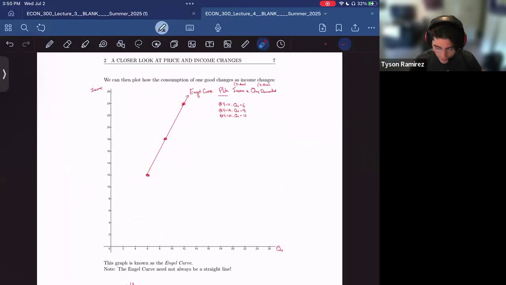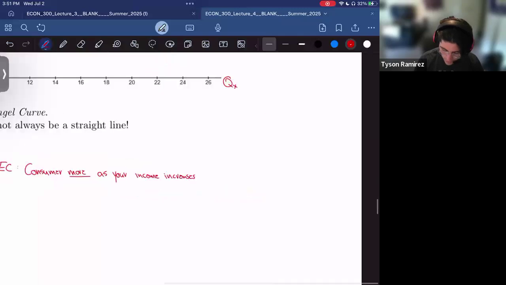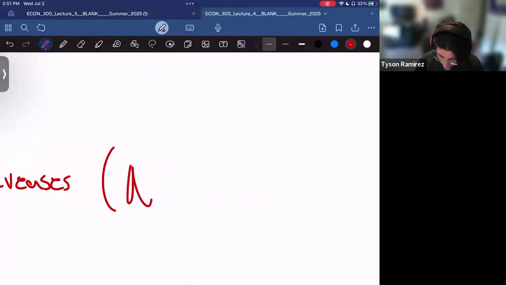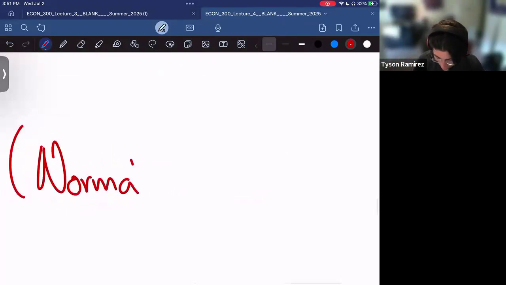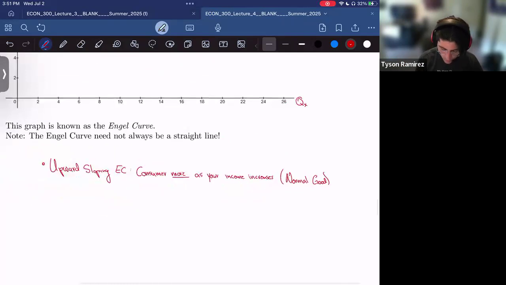And you can also see a downward sloping line. All right. I'm going to revisit this a few minutes later in this lecture. But what we see here is that the Engel curve slopes upwards. This is what happens in the case of a normal good.